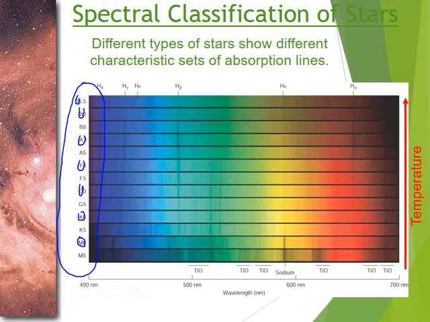Like these lines here, we've got the Balmer series, here's the H alpha line. And notice that it's more apparent in, say, an A5 star than it is in a G5 star. And this H beta line, a similar thing is going on: much more apparent in, say, an A star than it is in an O star.